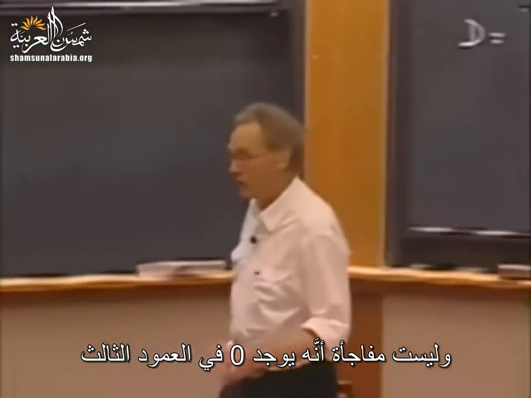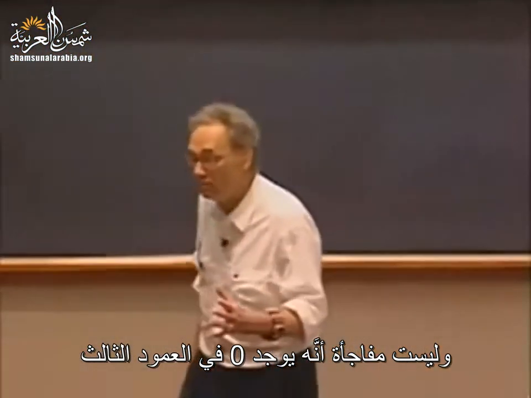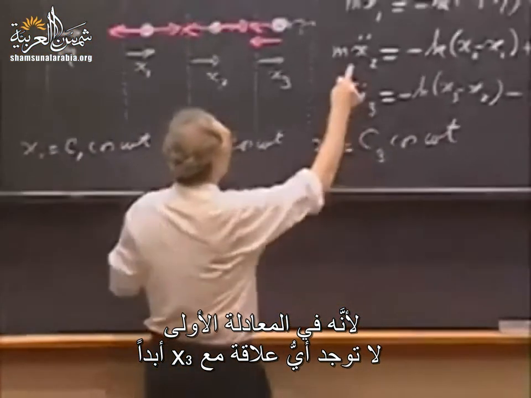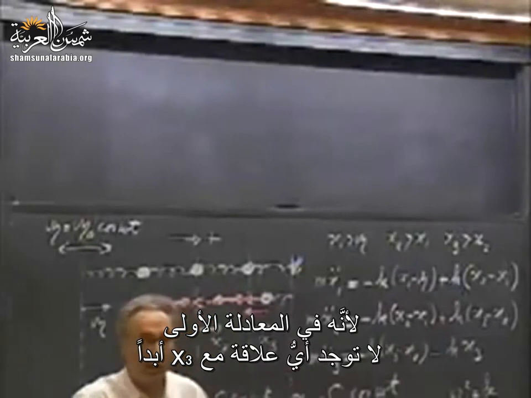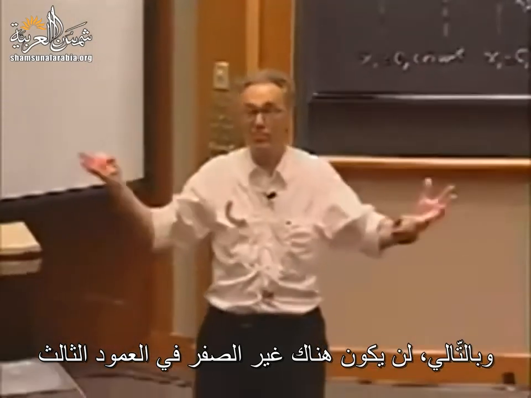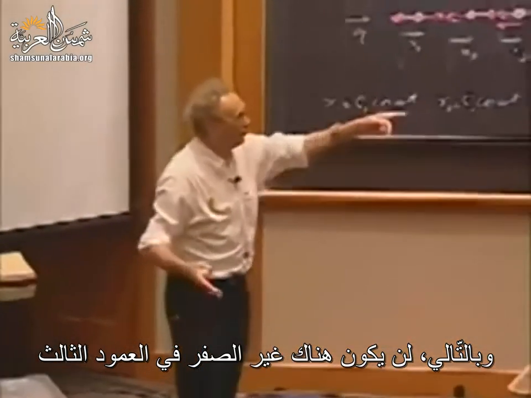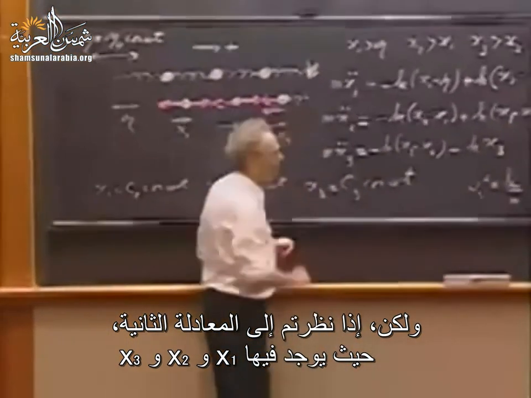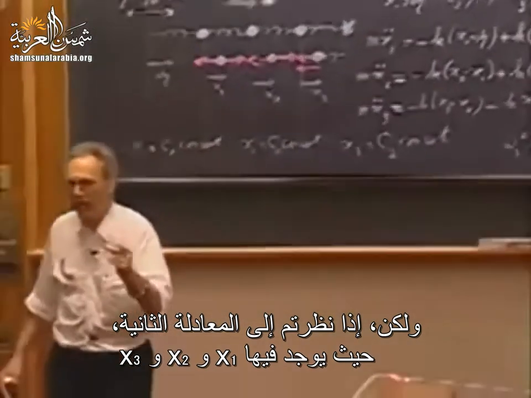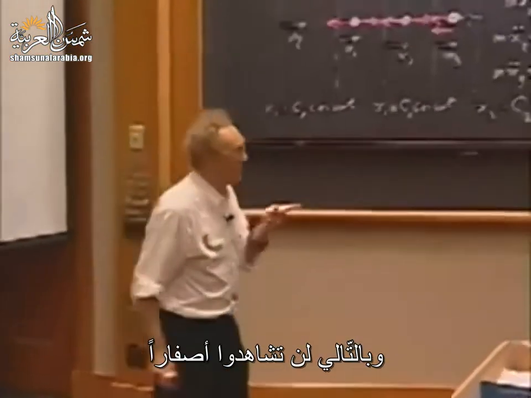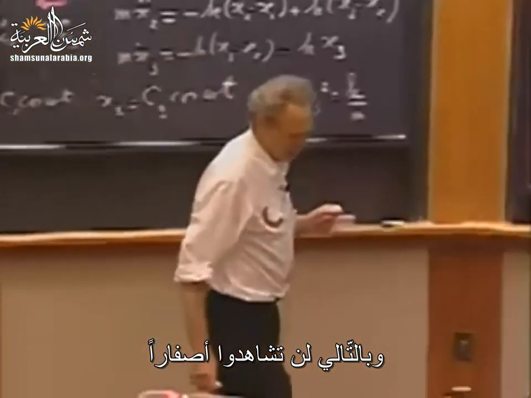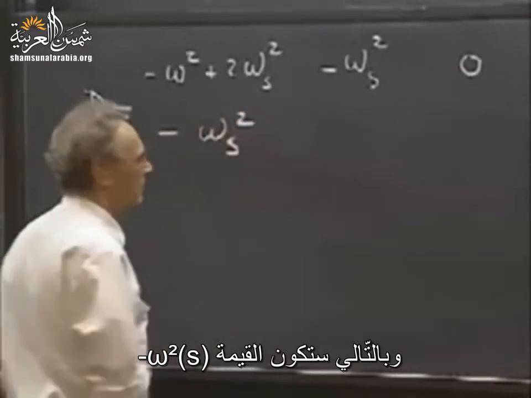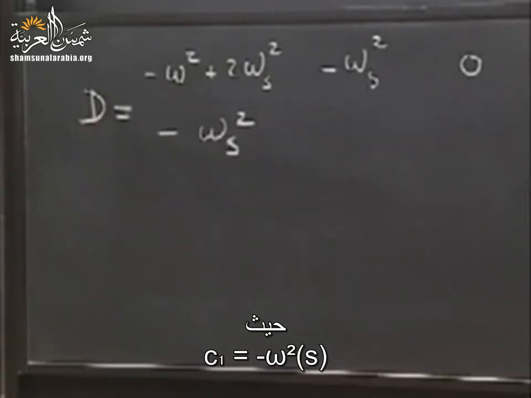No surprise that you get a 0 in the third column, because the first differential equation has no connection with x3 at all. And so you never see anything in the third column that will be a 0. But if you look at the second differential equation, that has an x1, an x2, and an x3 in it. So now you don't see zeros. And so what you're going to see is minus omega s squared. That's going to be the C1 term.